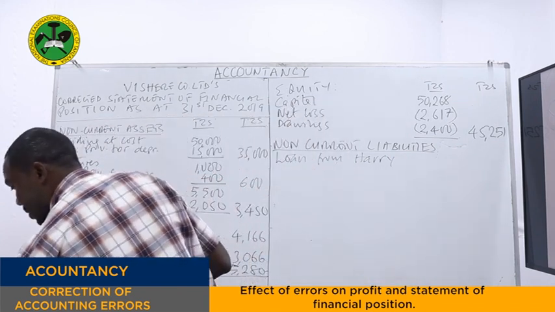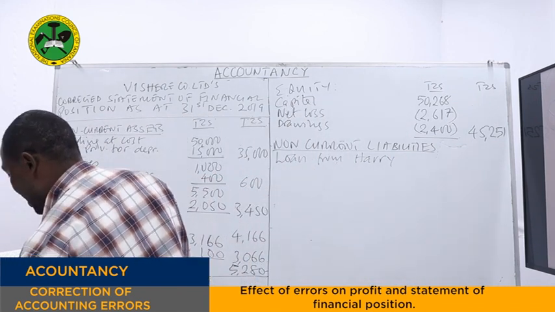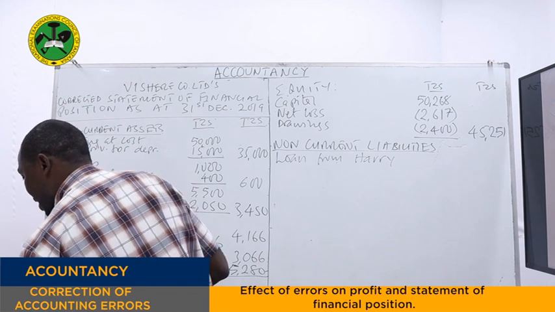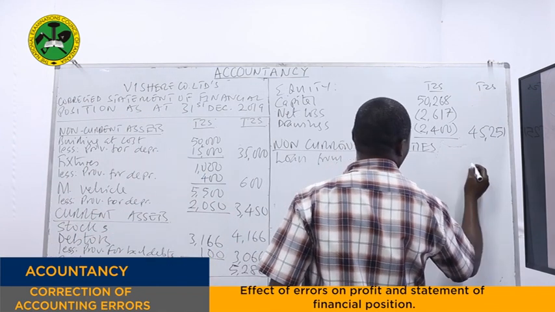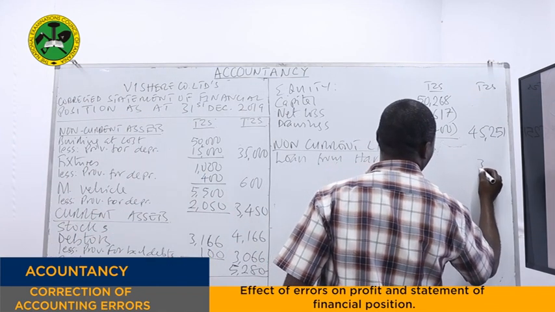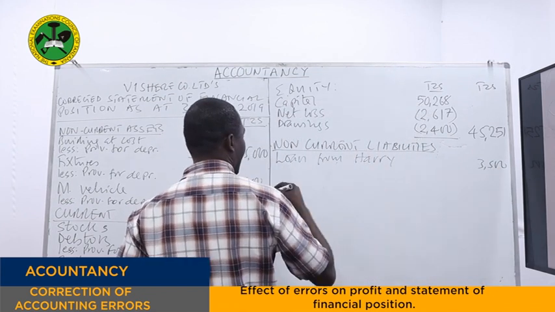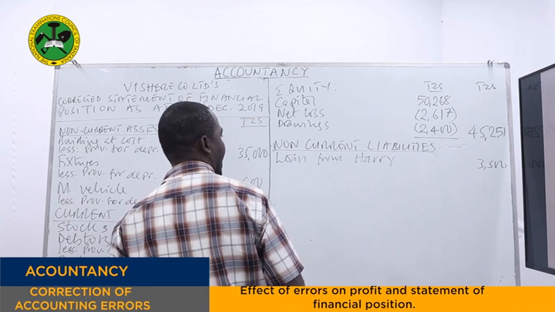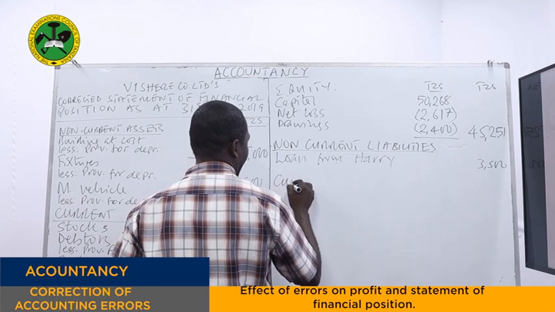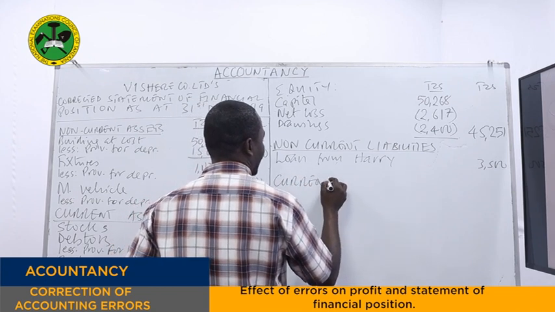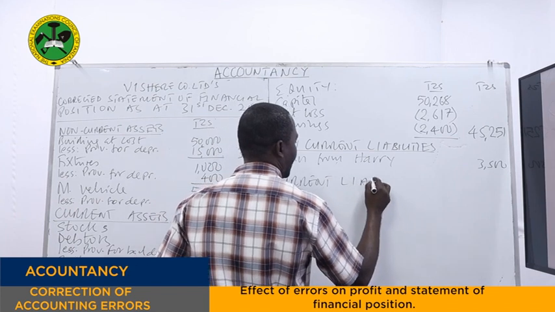A loan from Harry was how much? Yes, it was 3,500. We put it direct here, 3,500. So we had no other non-current liabilities. We go to current liabilities.